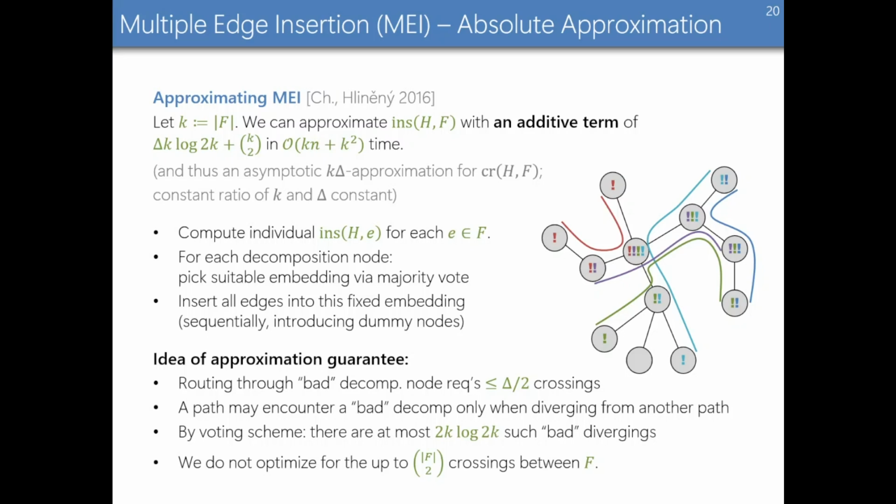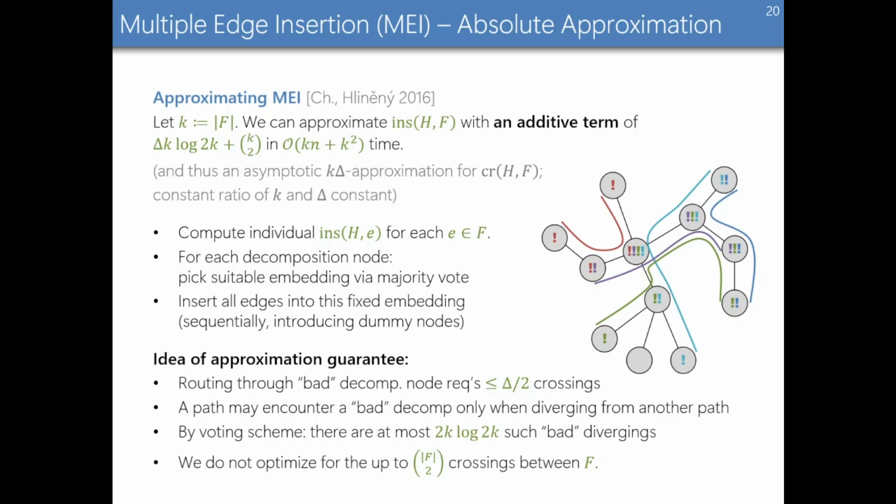And then I can show that, well, I am only not in the winning majority vote if I diverge from many other paths. So I go in a different way in the tree than most of the other paths do. Otherwise, I would have won in the voting. And you can show that these divergences are not too many, and there are only essentially k log k such diversion points. And every diversion point for an insertion edge needs delta crossings.